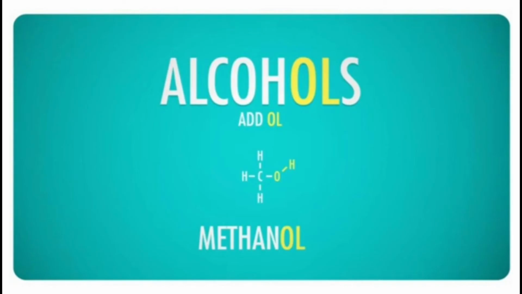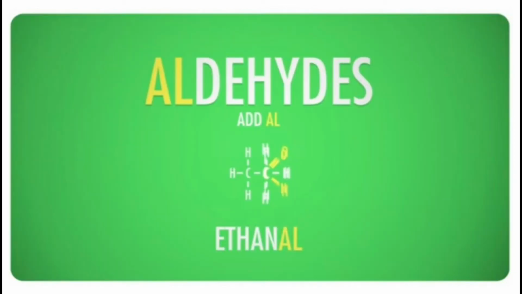Alcohols add an "ol". So, for methane, we drop an E and we add "ol". It becomes methanol. Ethane becomes ethanol. For aldehyde, replace the E with "al". So ethane becomes ethanal.